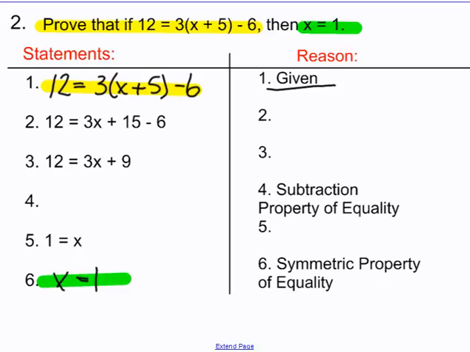All right. So again, just like in the last one, we have to figure out what changed between the first and the second step. Well, I look at this and I know what happened here. They distributed. So they ended up with 3x plus 15. That's the only thing that's changed in here. So that is the distributive property.